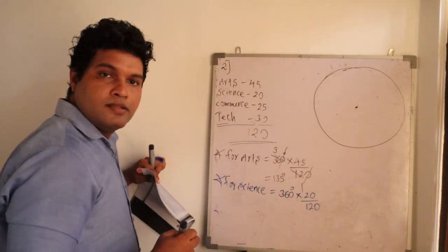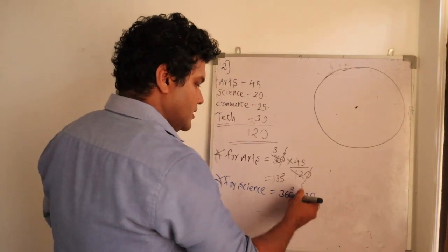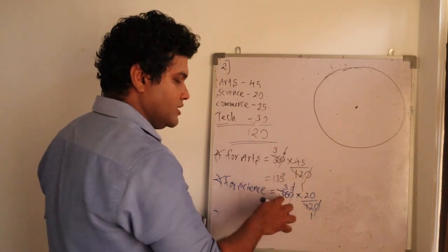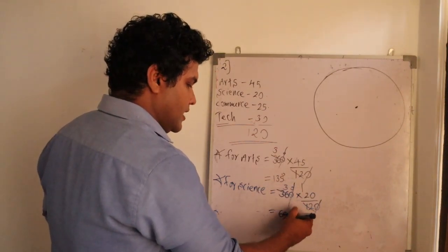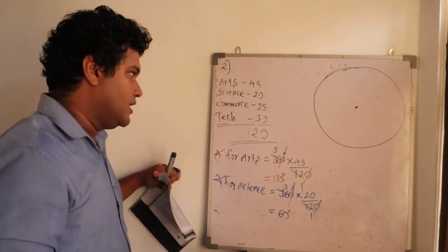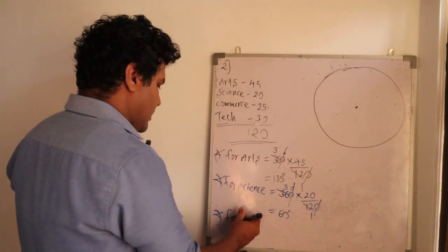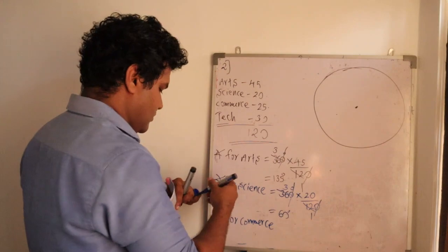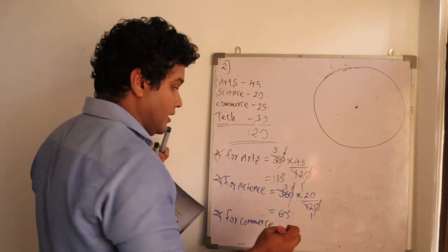The thing is whether you are able to find the relevant fraction, and the zeros we can cut. 12 times 1, 12 times 3, 36. 3 times 20 is 60. 60. Right. Commerce. Angle for commerce. So for the angle for commerce, I will write this in red color.